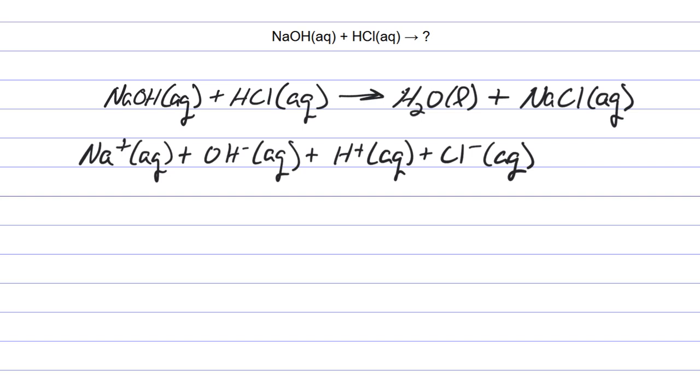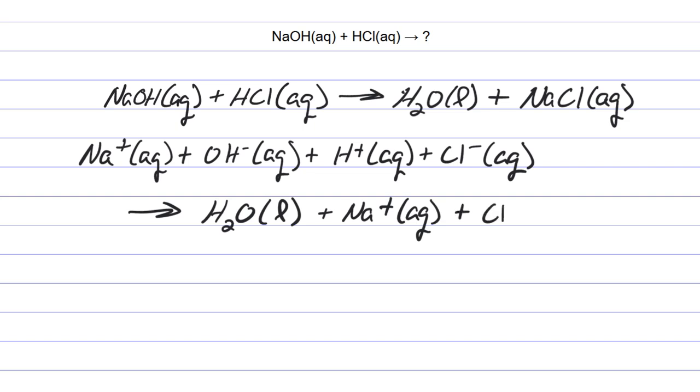And then on the product side, we have H2O, which is a liquid, so we have to keep it together. This is not an electrolyte. It's a molecular compound, so it stays together. Na plus aqueous and Cl minus aqueous.